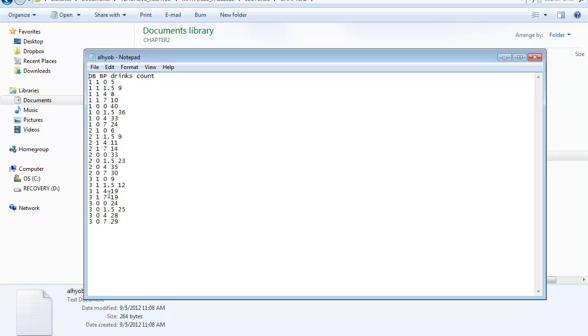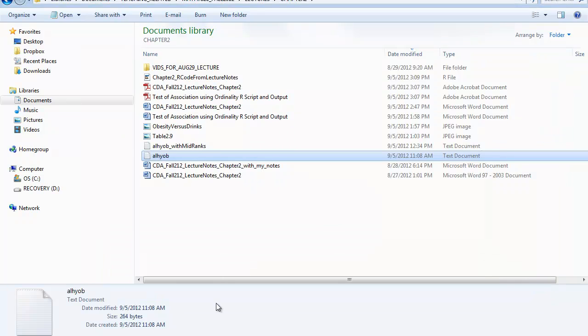There's a way to code this and recode it within R, being a little fancier. Oftentimes it's quicker just to do search and replace in Excel or a text document. So that's actually what I did. So this data set that I read into R already has my scores substituted in, right? So here's my 1, 2, and 3, my 0 and 1, and then the scores I decided on for my drinks, right? So there's nothing wrong with doing that.